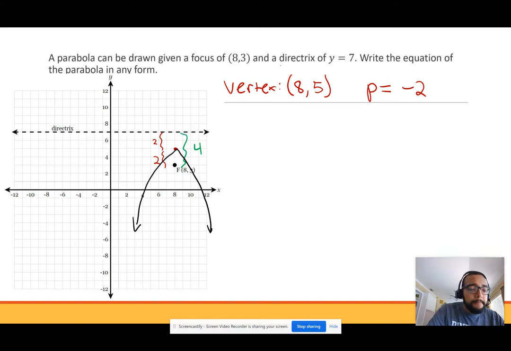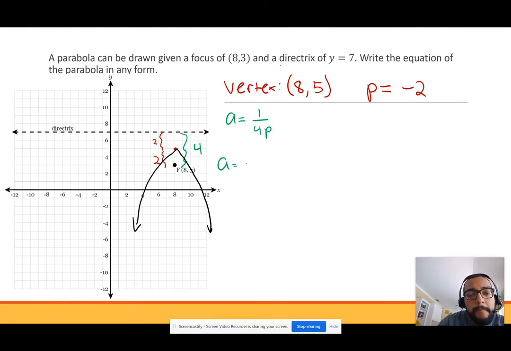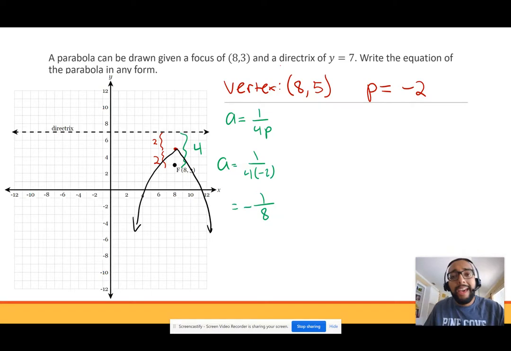Let's find the a. The value of a, again, is 1 over 4p. So 1 over 4 times negative 2 is negative 1 over 8. That's our value of a.